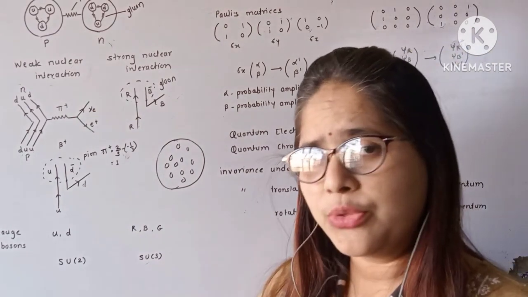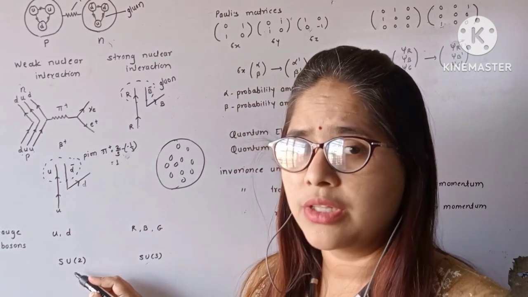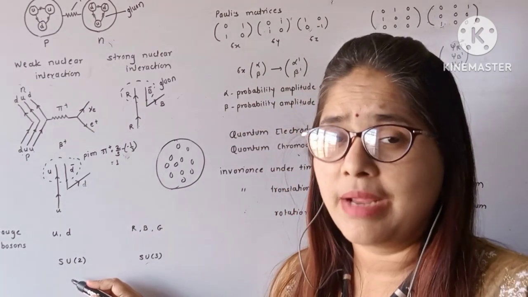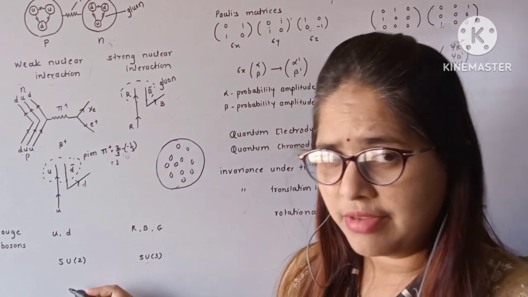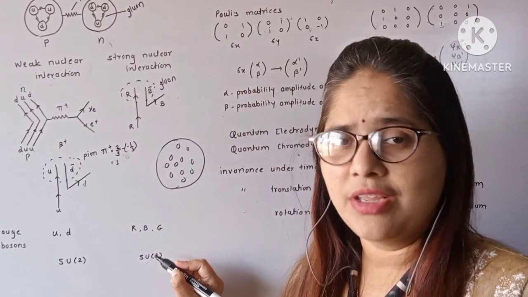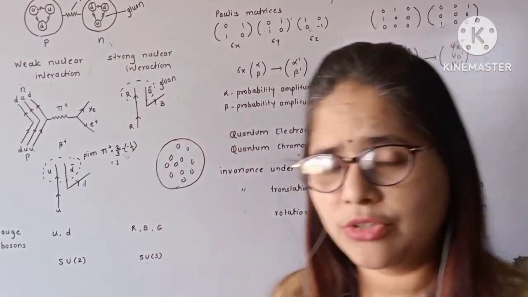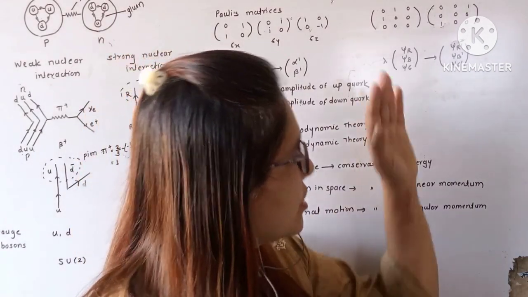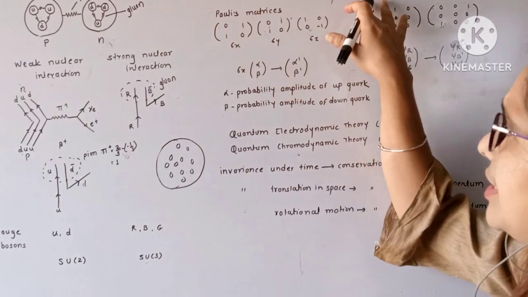Therefore, we use SU2 symmetry for the mathematical representation of the weak nuclear interaction, whereas we use SU3 symmetry for the strong nuclear interaction. So here I have written SU2 and SU3.